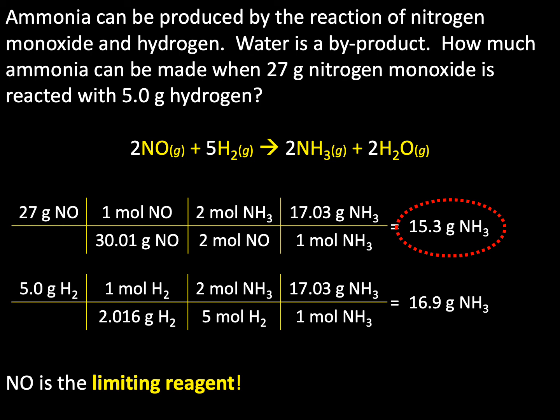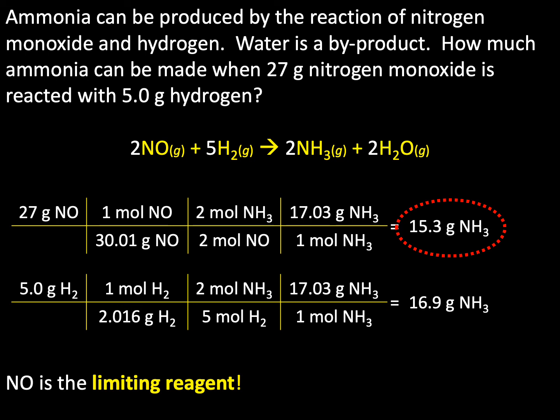Notice we only had 5 grams of hydrogen. We had 27 grams of nitrogen monoxide. And yet we found that nitrogen monoxide was the limiting reagent, even though we have a lot more of it on a gram basis. So you have to do both calculations, or for all of the starting materials, in this case there were only 2, and then figure out which one is limiting.